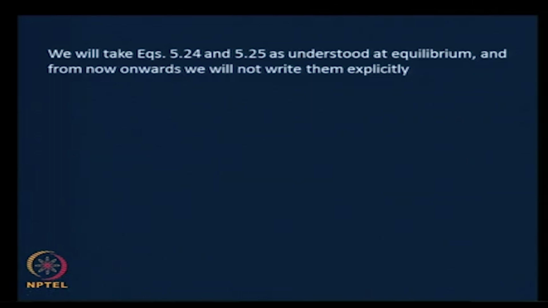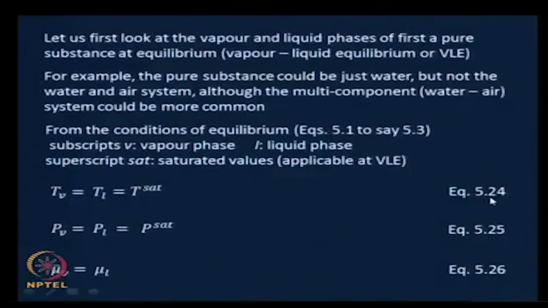Now, what we are going to do is take equations 5.24 and 5.25, which are the equality of temperatures and the equality of pressures, to be a given whenever we talk of equilibrium. In other words, we are not going to explicitly state this every time, this is understood every time that we mention it.